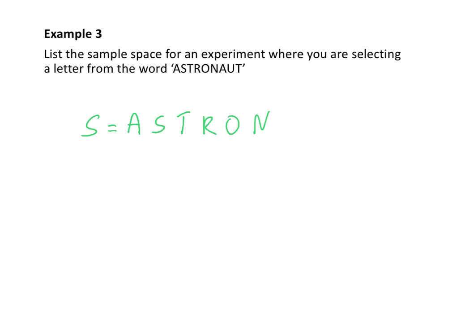So I move on to my next letter, U and T. So the sample space, when I'm selecting a letter from the word astronaut, is going to be A, S, T, R, O, N, U, T.